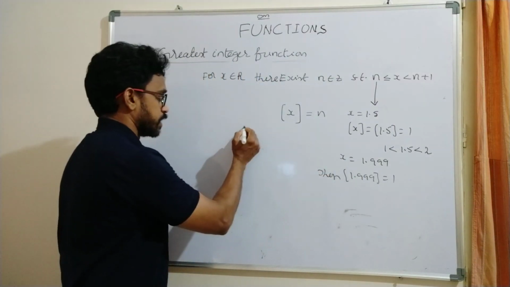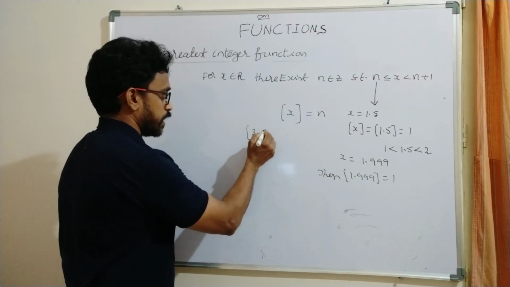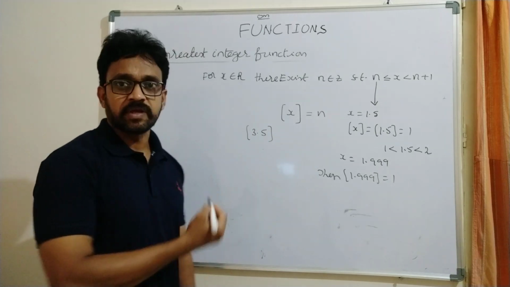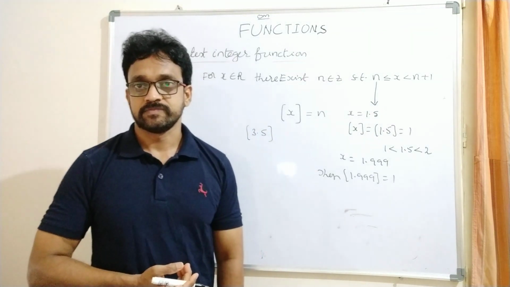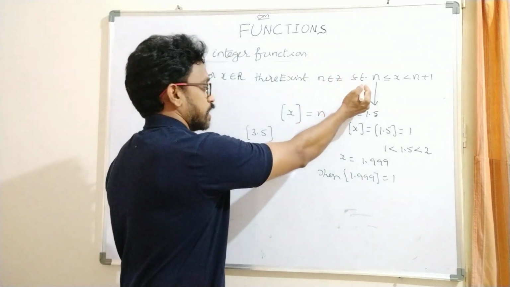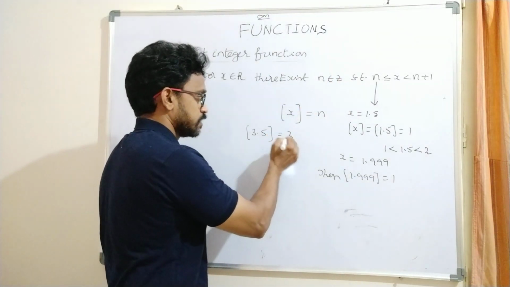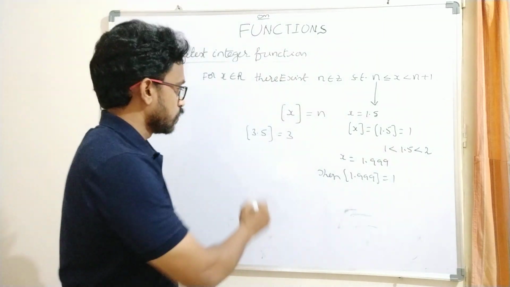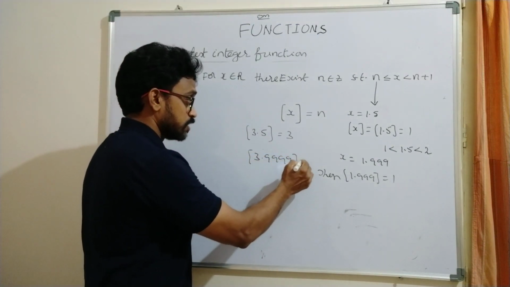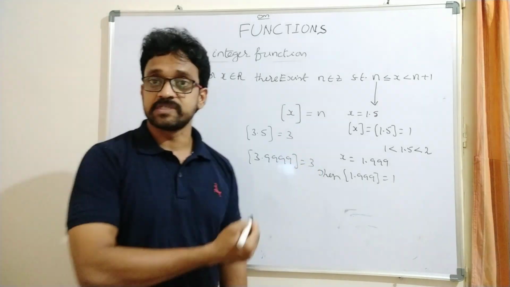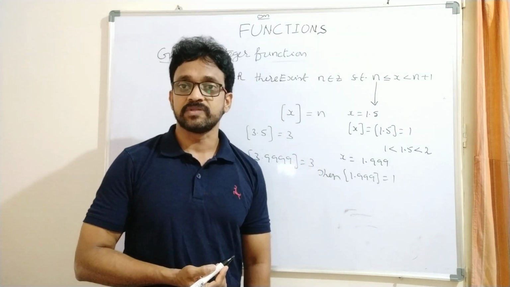Okay, one more example I will give. Step 3.5. Very clear, 3.5 lies between 3 and 4. So by comparing with the condition, step 3.5 is 3. Okay, very clear. Step 3.9999 is also 3. Why? Because this number also lies between 3 and 4.